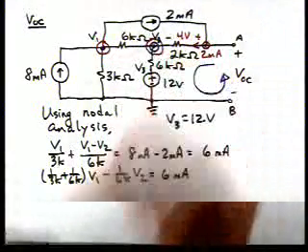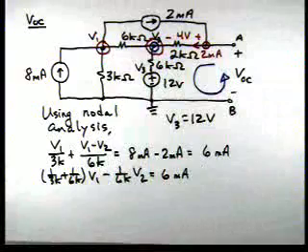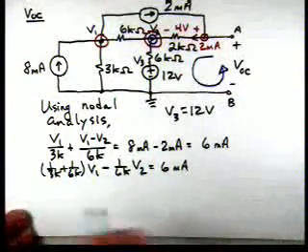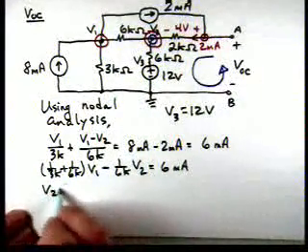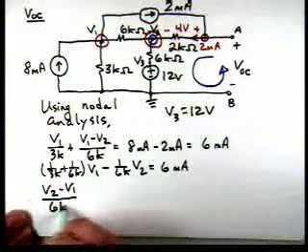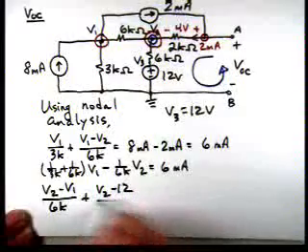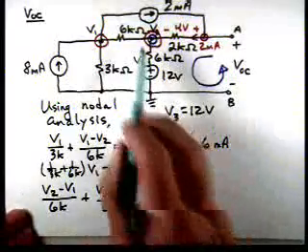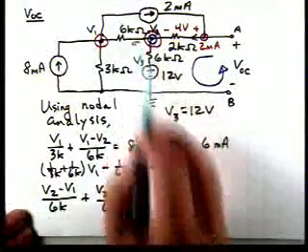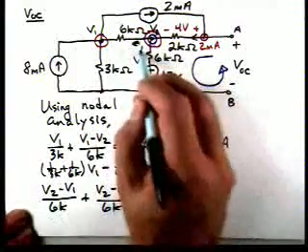Now if we go in and apply KCL to this node, we'd have V2 minus V1 over 6K plus V2 minus 12 over 6K. So the first term is the current leaving the node in that direction. The second term is that.